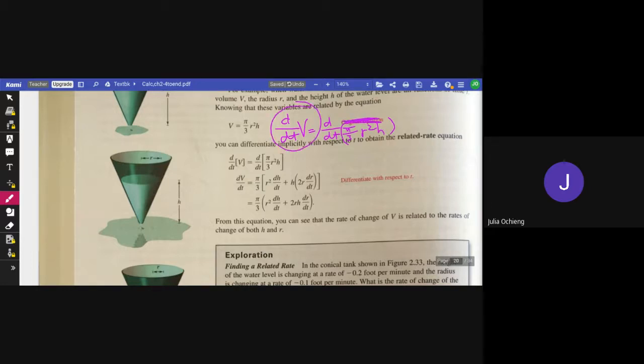So this side, if I were to show the implicit variation going on, would be dV over dt equals, and then we're going to do the product rule. So we're going to do pi over 3 r squared times the derivative in terms of time of h, plus pi over 3 times h times the derivative in terms of t of r squared.